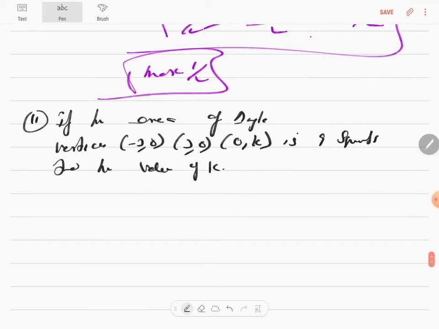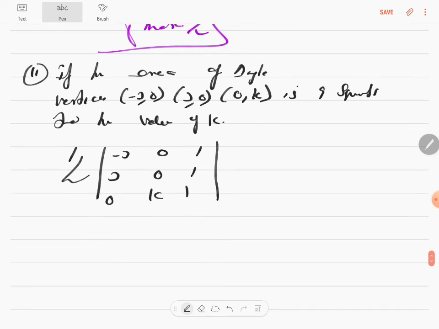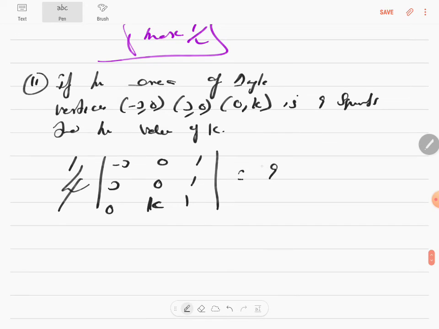So how do you do this? The area formula is half of the determinant with rows x1 y1 1, x2 y2 1, x3 y3 1. You can expand along any row, which is equal to 9 units. To find the unknown value, this has to be taken to the other side, written as 18, and you have to convert it as plus or minus 18.